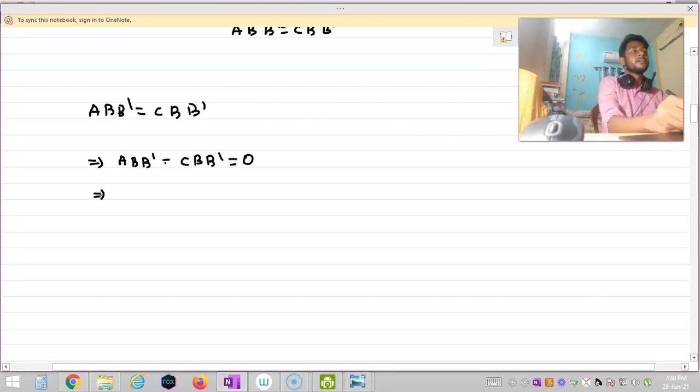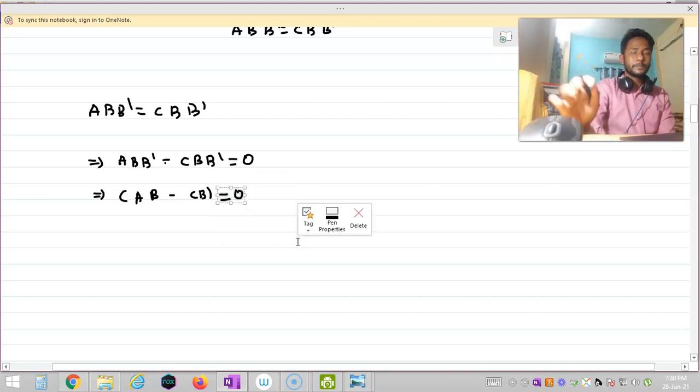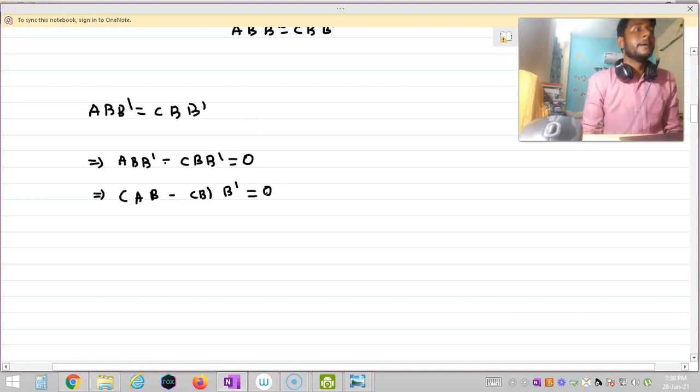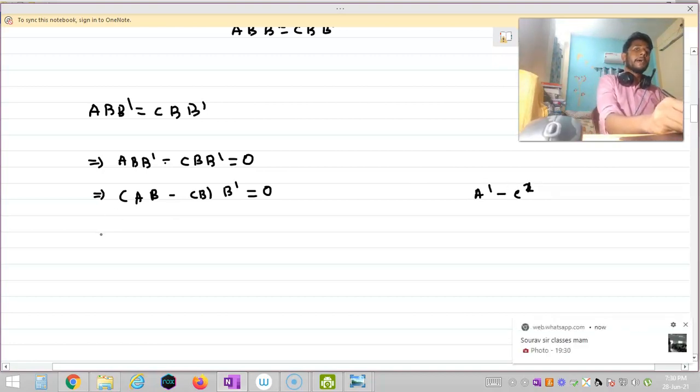So I can also write (AB minus CB) B' is equal to 0. I can take B' common as the distributive law holds for matrices also. Now multiplying this with A' minus C', that is A transpose minus C transpose.